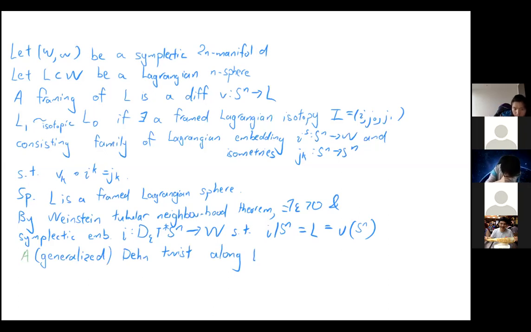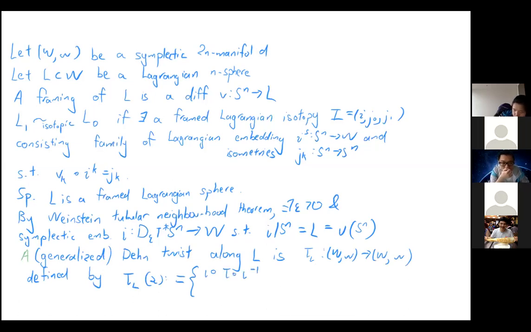So this is the generalized Dehn twist. The Dehn twist along L is tau L. So you use your embedding, go back to T*Sn, do the model twist, and then push it back.